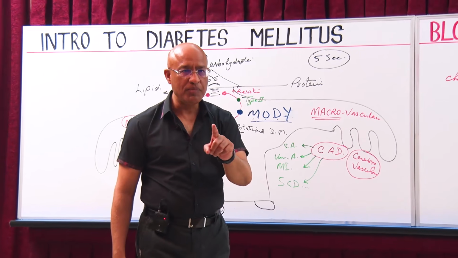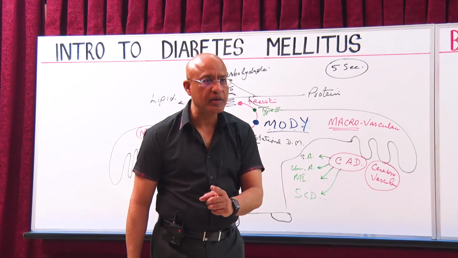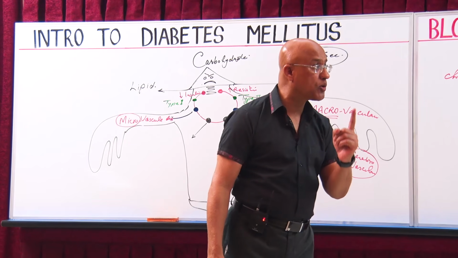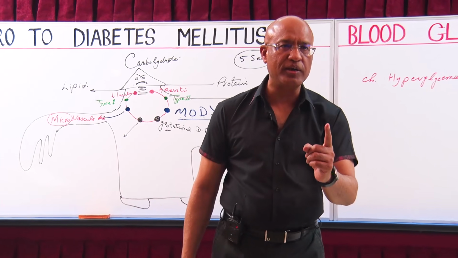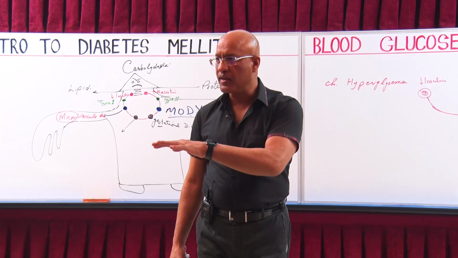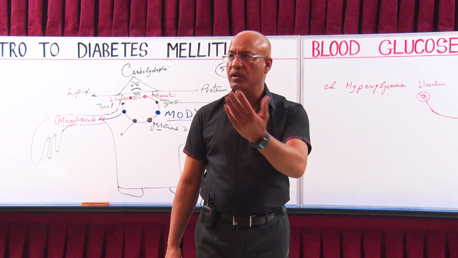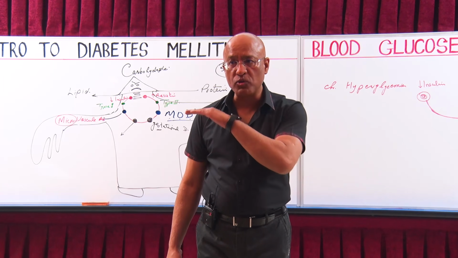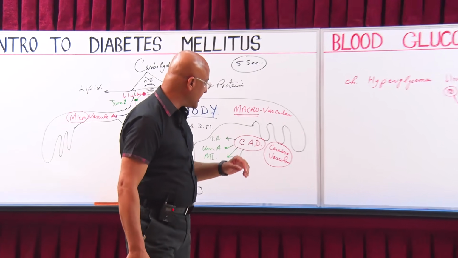Atherosclerosis. They develop macroangiopathy. What is diabetic macroangiopathy? Diabetic macroangiopathy is not limited to diabetes only. This can occur in patients with hypertension, hyperlipidemia, or advanced aging. But once it occurs with diabetes, it occurs very rapidly, very severely, and is more aggressive.